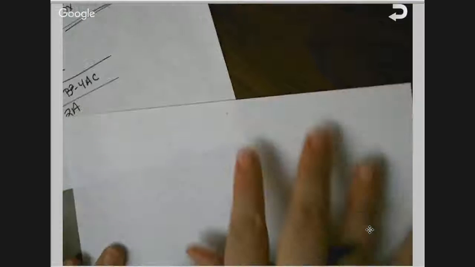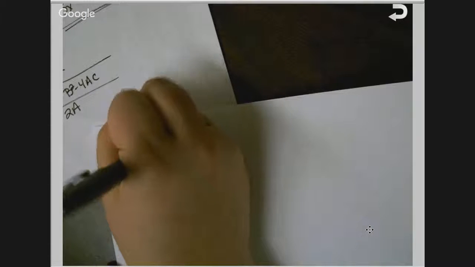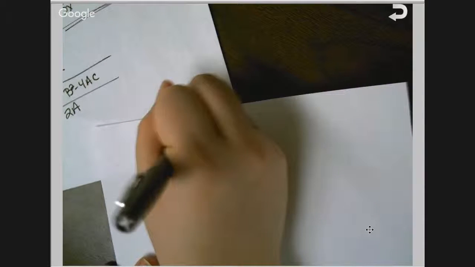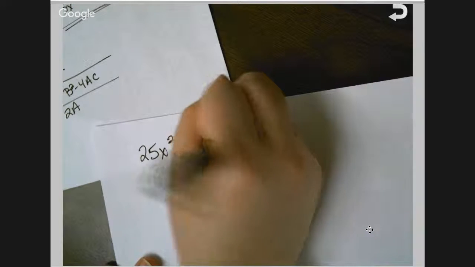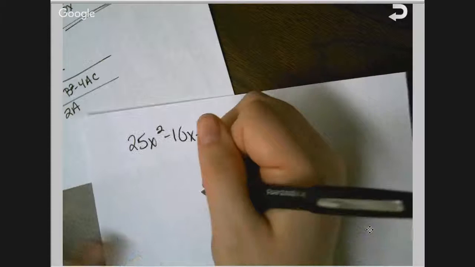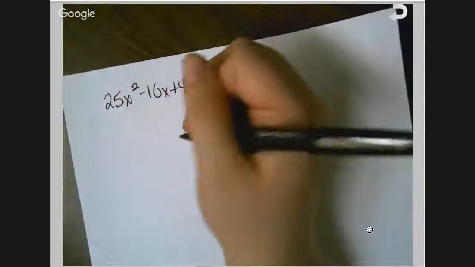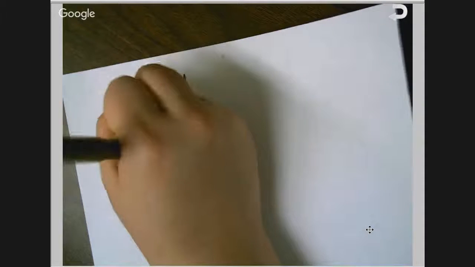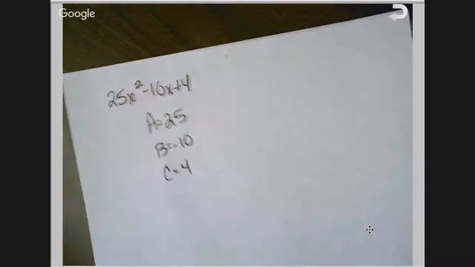And I'm going to use the quadratic formula. a is 25, b is negative 10, c is positive 4.